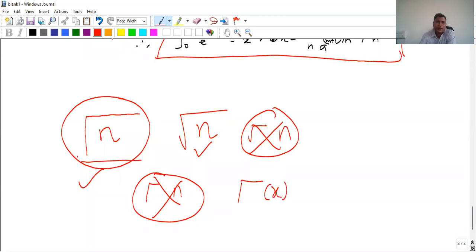Sometimes when the person is not able to type it properly, he will do like this. Many people do not get beta in typing, that's why they write capital B in bold, but actually it is going to be beta. So is your doubt clear now for writing the gamma function? Yes, sir.